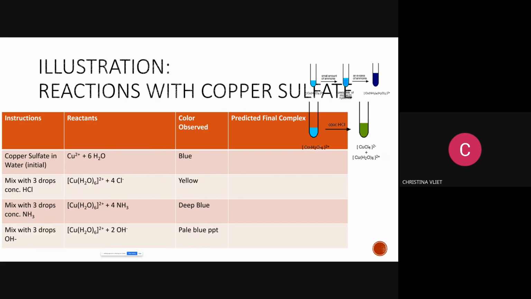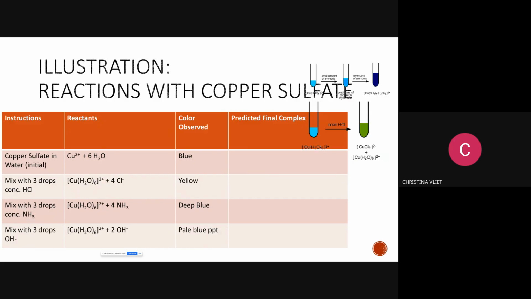You are going to need to know for all the copper compounds, and I mentioned this at the beginning of class, and all the cobalt compounds, all the different colors they make with different ligands and their ligand substitution reactions, like how they go.